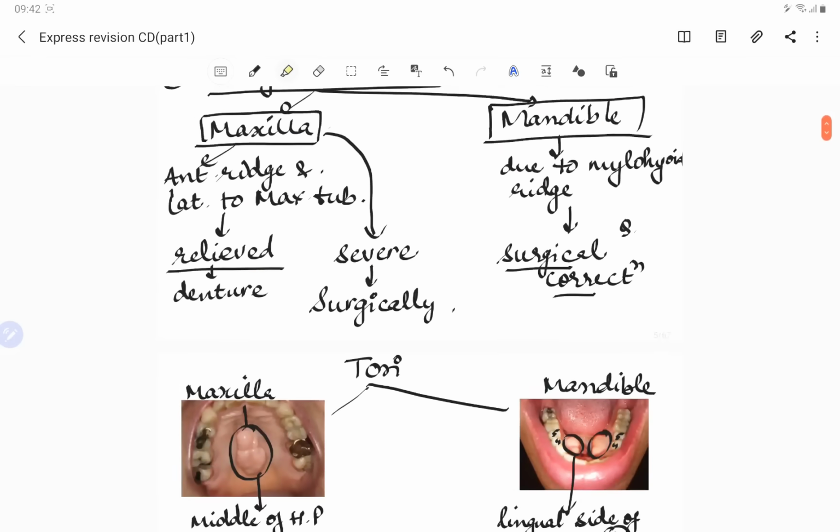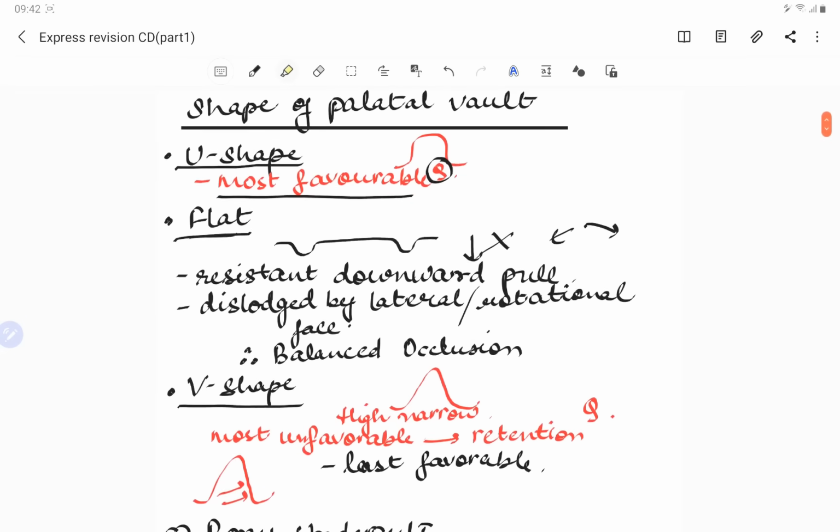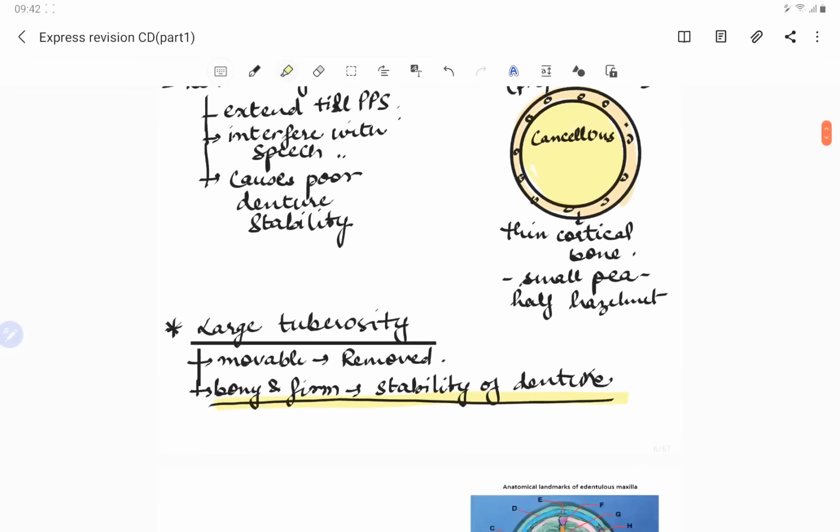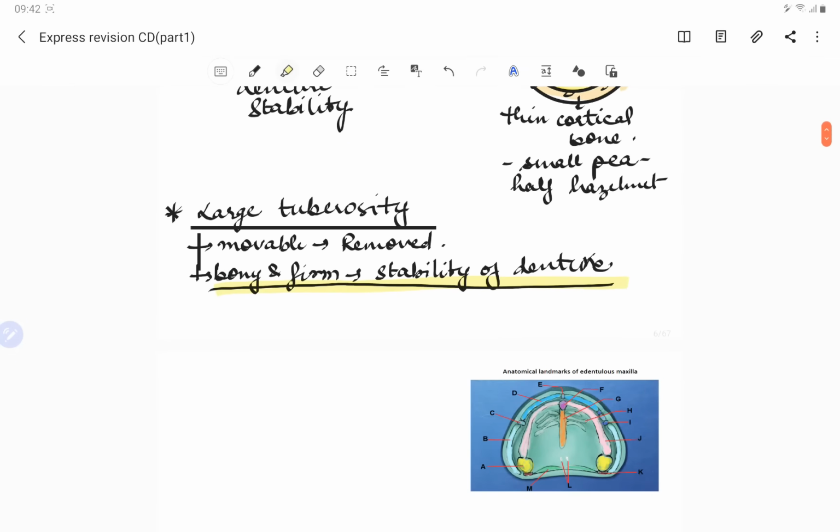So we have covered the undercuts, bony undercuts, the shape of the palatal vault, and the tori, when they should be removed and when they are going to give support to the denture.